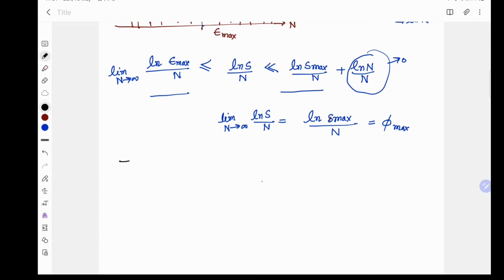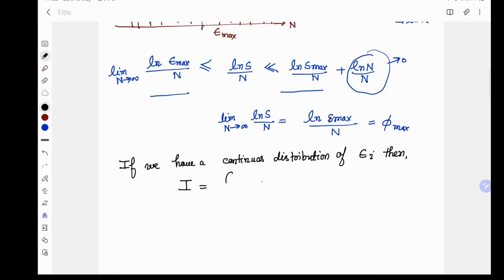If we have a continuous distribution of epsilon i's, then the sum will change to an integration I equals integral dx exponential n phi x.